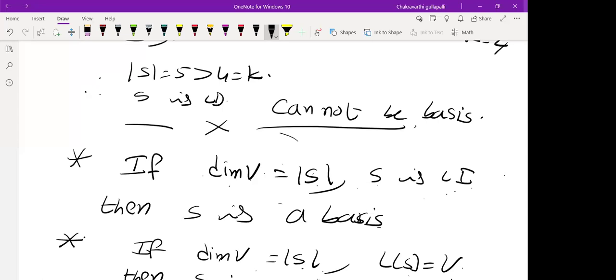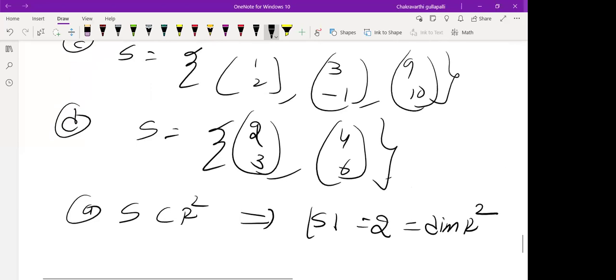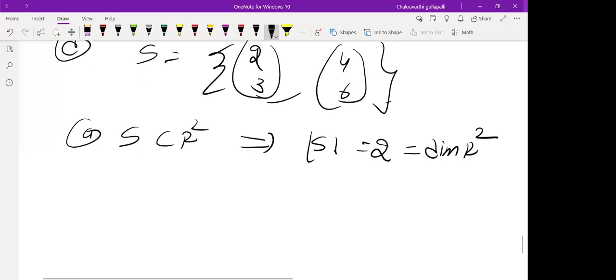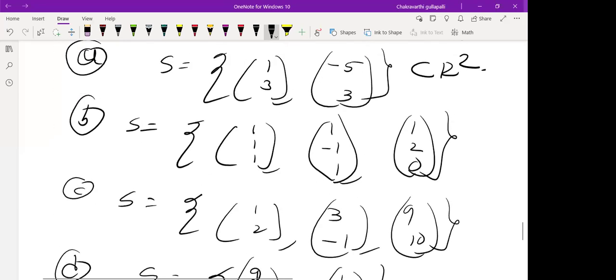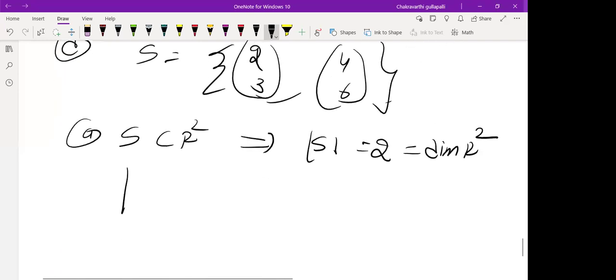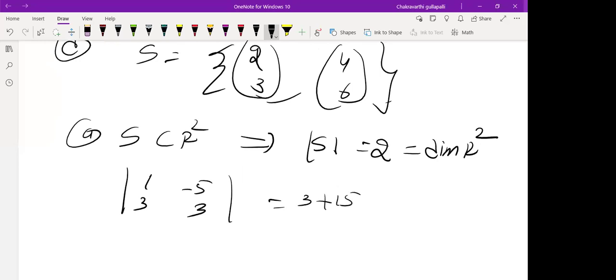If it is spanning also, it is a basis. Either of a property check chesta. So when you look at it, it is a square matrix. So you can go for determinant 1, 3, minus 5, 3. 3 plus 15, 18. Not 0. Therefore, S is linearly independent.